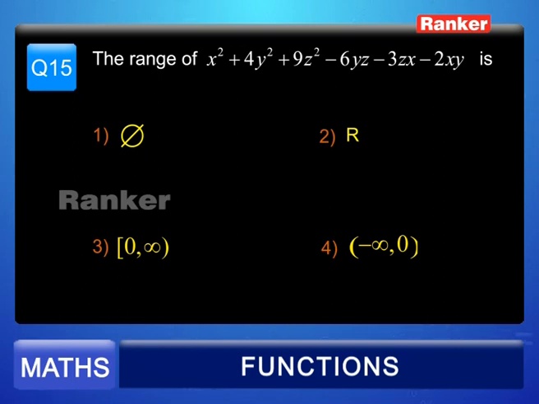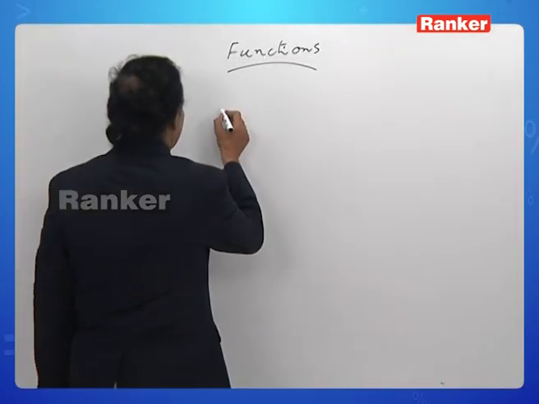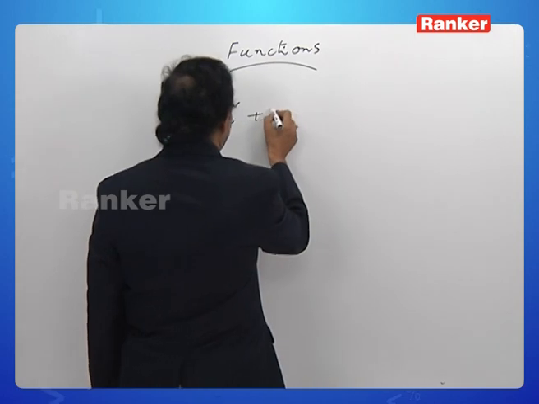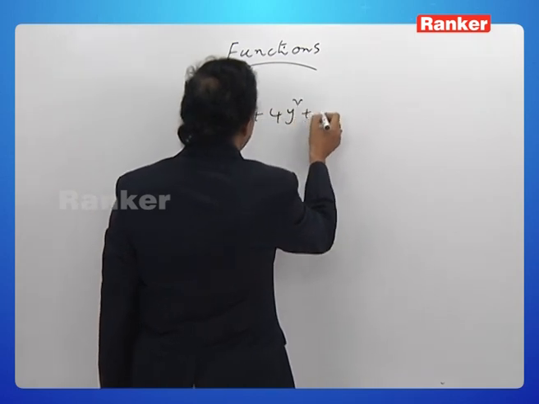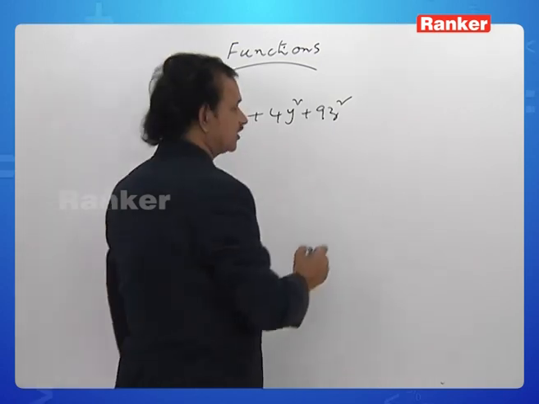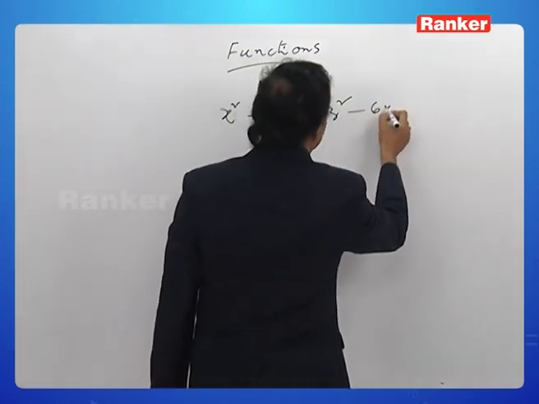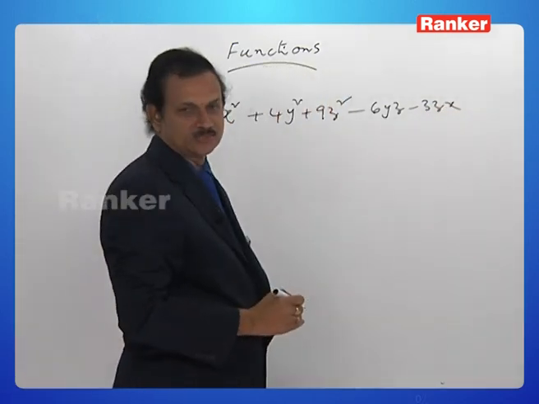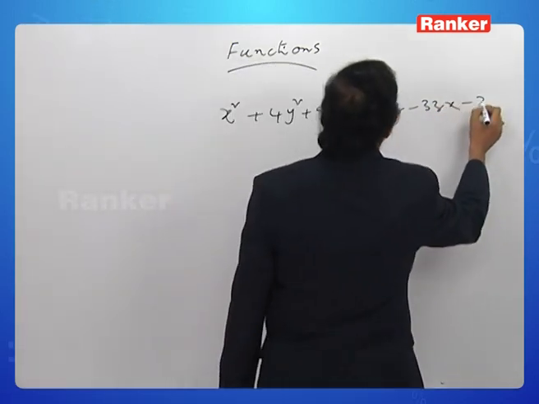Let us have a check. What is the given function? x square plus 4y square plus 9z square minus 6yz minus 3zx minus 2xy.